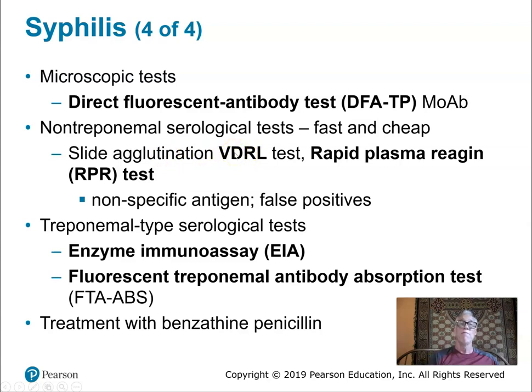They're cheap and fast, but they do produce a fair number of false positives because it's not really a true spirochete antigen. It's a non-specific antigen. There are Treponema-type serological tests where you're actually testing with antibodies or with antigens, so enzyme immunoassays and so forth. Treatment is with benzathine penicillin.